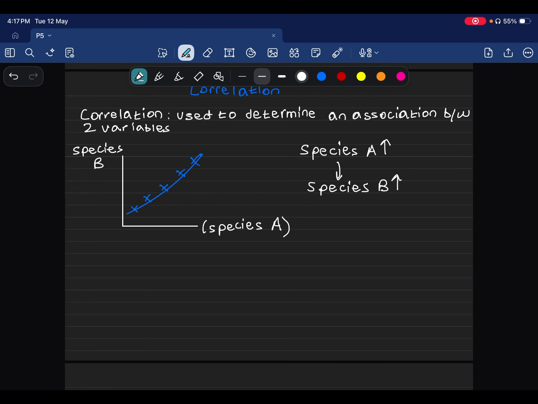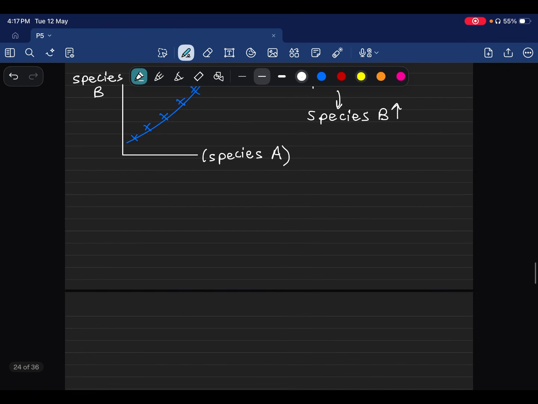Did I anywhere say that the increase in species B was because of species A? Did I say that? I did not. I did not say that if species B increased, it means it must have been because species A had increased. No. This statement right here is called a causal relationship.